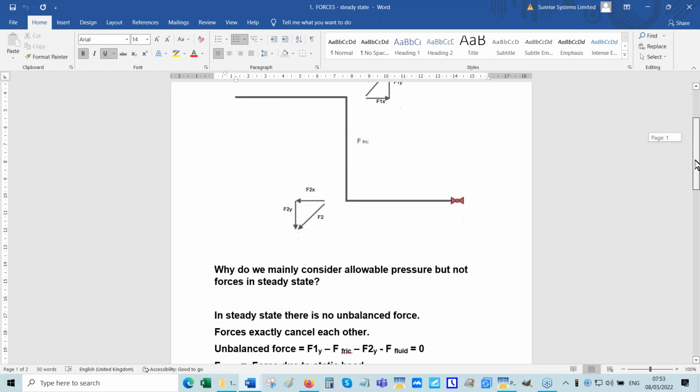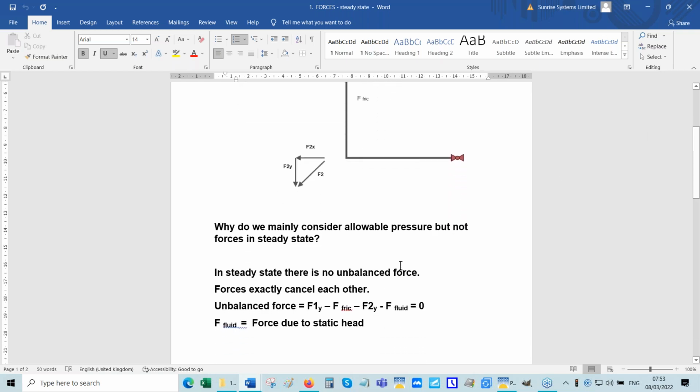And we do not typically talk about forces in steady state. We only talk about forces in the dynamic case. In the steady state case, we say that as long as the pressure is below the allowable pressure, we're fine.